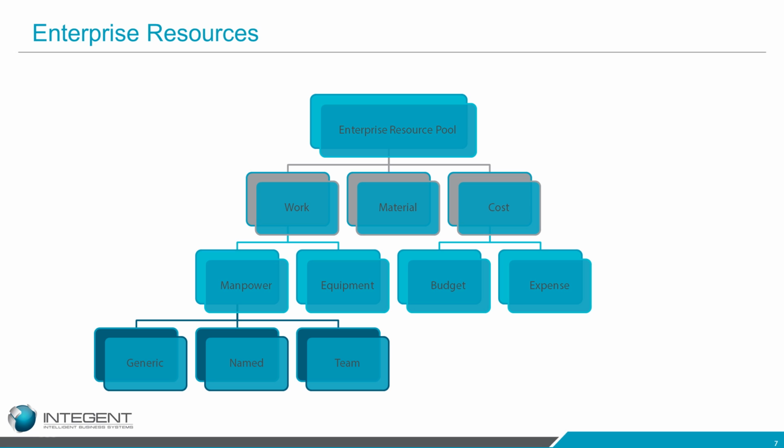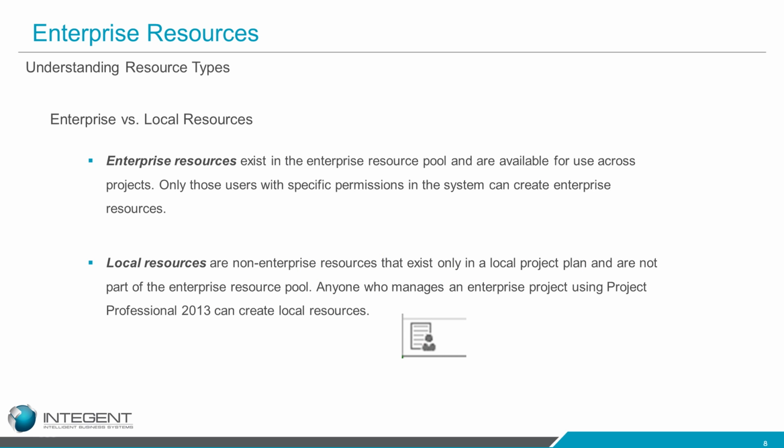The cost resource could be created in your system, such as travel expenses, lodging expenses, could be the name of the resource, but the cost information is not entered when the resource is actually created in the Enterprise Resource Pool. It's entered by the project manager at a later time. When they finally eventually receive that invoice for their travel expenses, then they can go in and update that information.